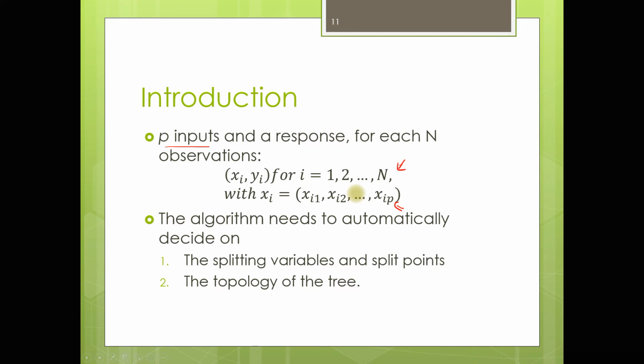What the decision tree does is that it needs to automatically decide what the splitting variable and the split point will be, and then decide on the topology of the tree. You remember that in the previous example I was telling you x1 was less than t1, things like that, x2 was less than t2, and so on. In a normal setting, you would not have t1, but you would have a value here.